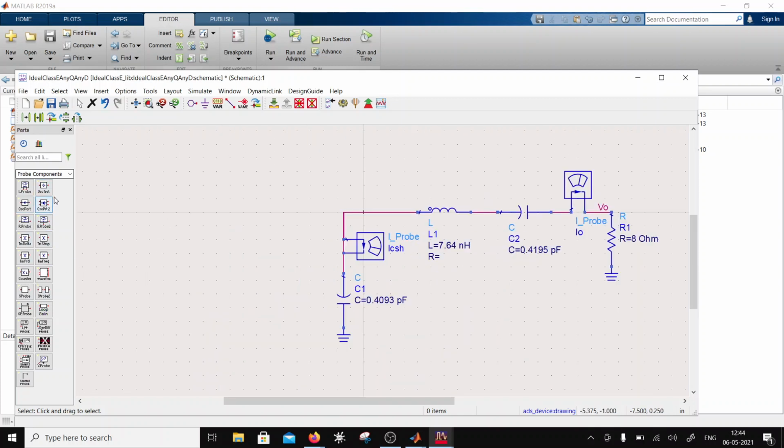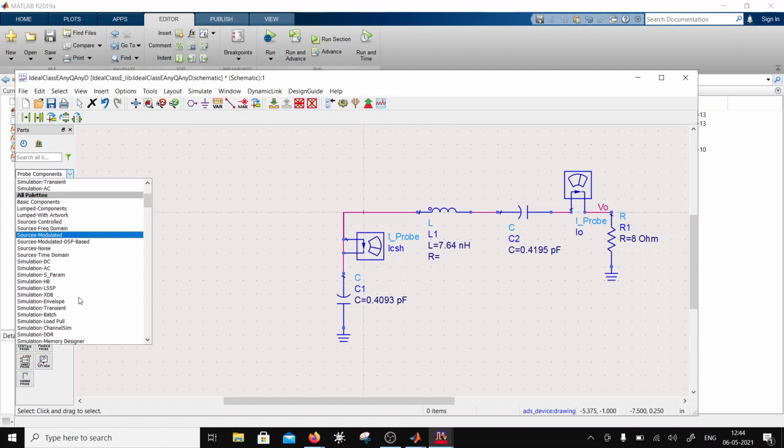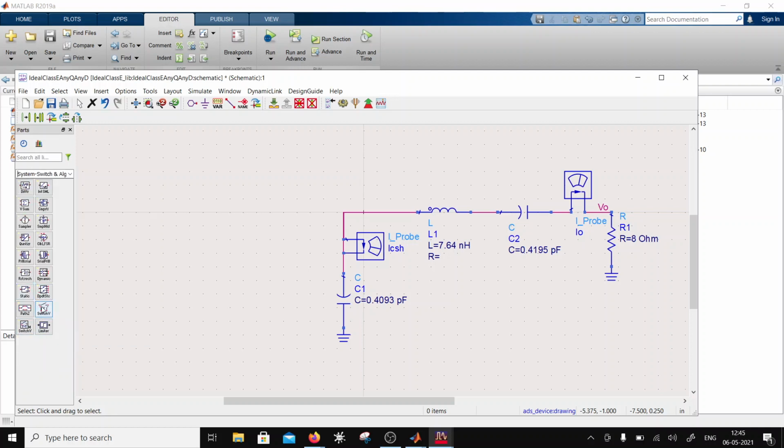Then I'm going to put here an ideal switch from System. Where do I find it? System, switch and algorithmic. I'm going to put a static switch here. Basically it's switching between two paths, so I'm going to rotate this.